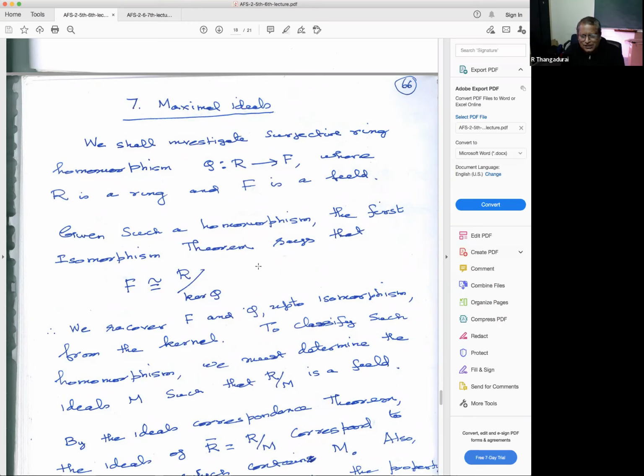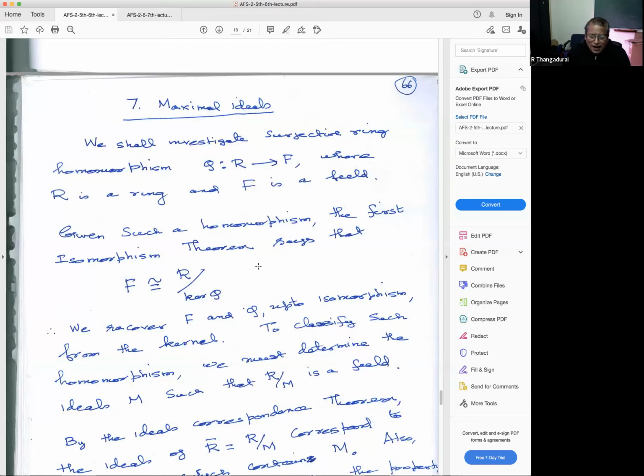Suppose one homomorphism phi is given. Then by the first isomorphism theorem, since it is a surjective ring homomorphism, R modulo the kernel of phi is isomorphic to the field F. We have already seen that the kernel of phi is an ideal.